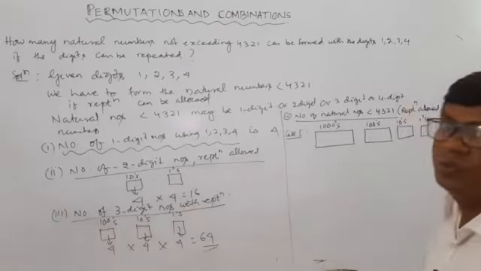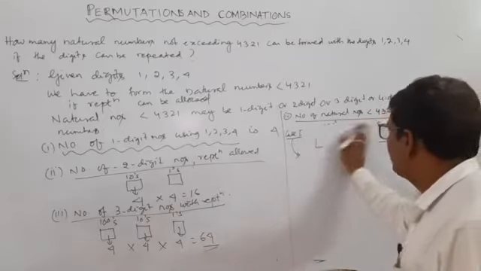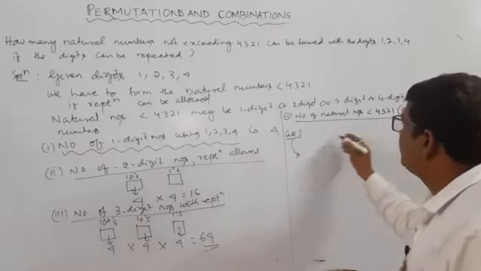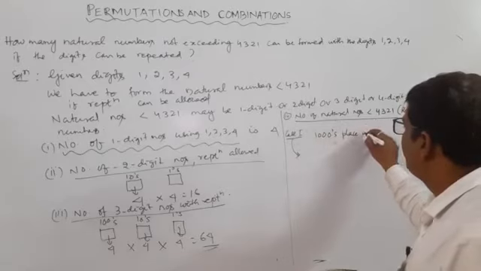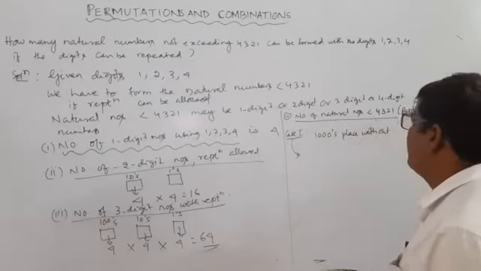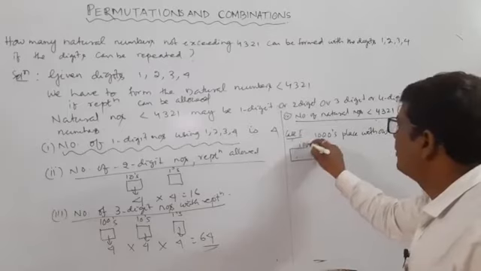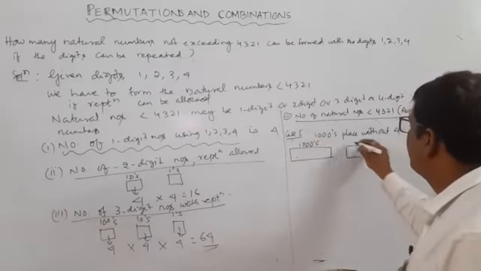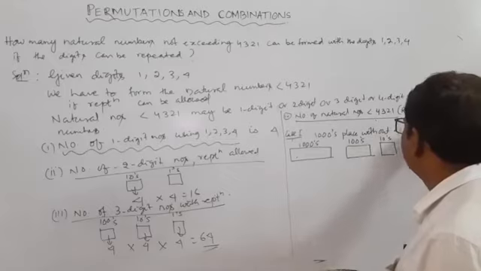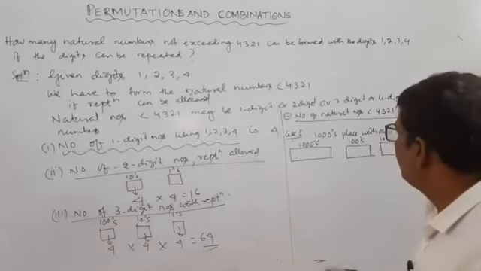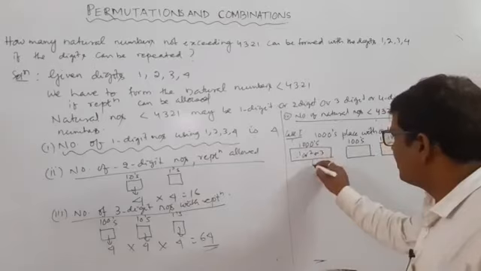So in case 1, the thousands place is without 4, which means it can be 1 or 2 or 3. This is fixed in 3 ways.